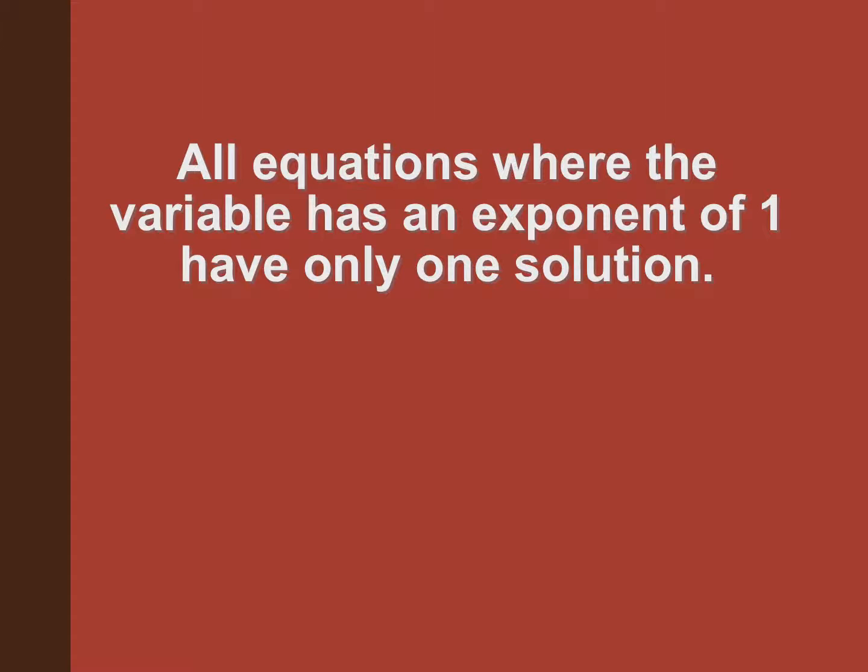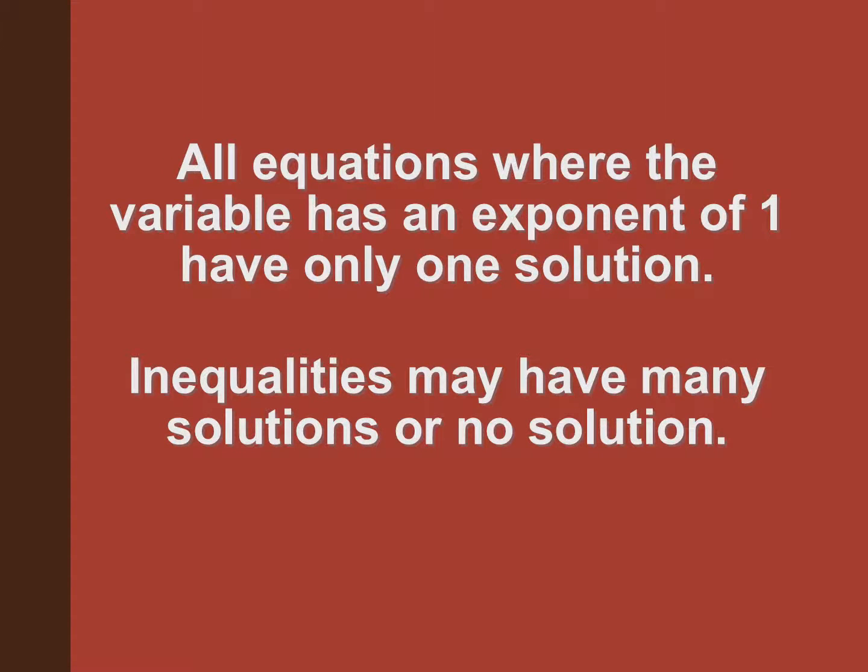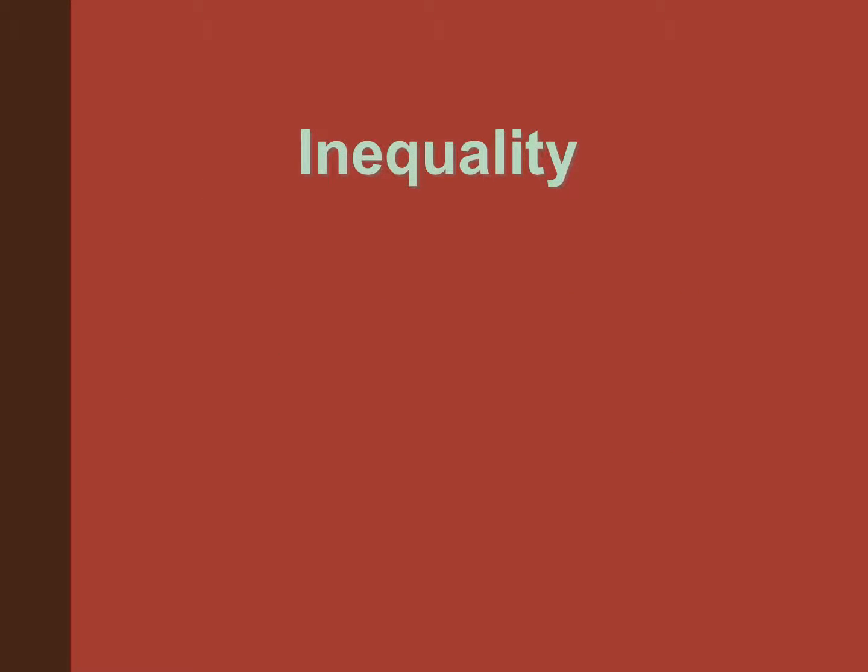So all equations that have a variable and an exponent of 1 have only one solution. However, if you have an inequality, you can either have many solutions or no solutions. So an inequality is different than an equation.